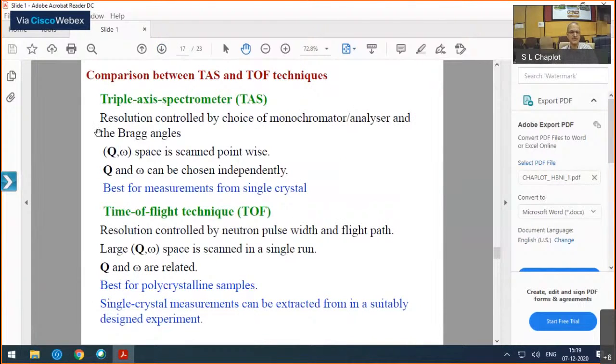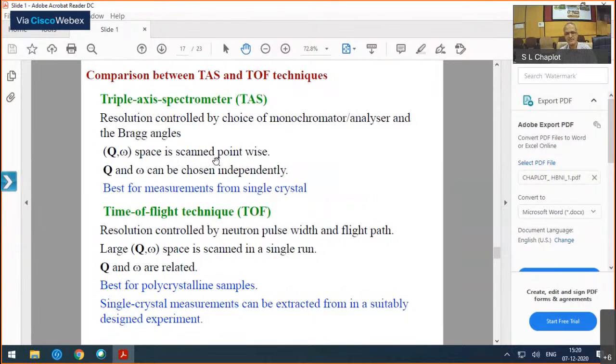Okay, so if we broadly look at the comparison between the two techniques: in the triple axis spectrometer, the resolution is controlled by the choice of monochromator and analyzer crystals and the corresponding Bragg angles. But in Q omega space, the actual scanning is done point-wise.